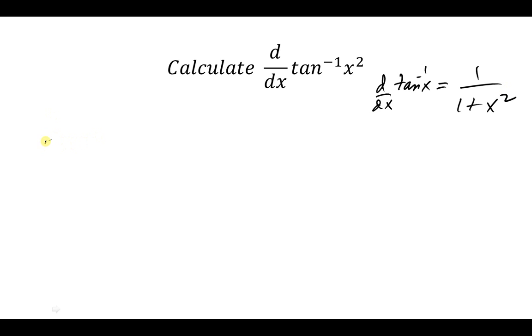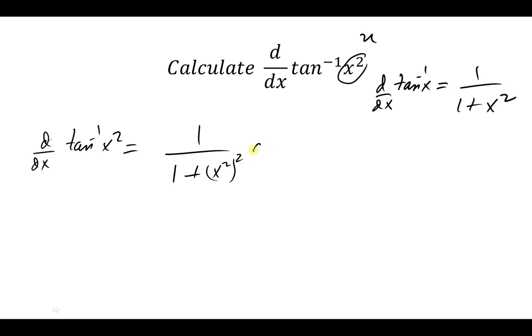So d/dx of inverse tangent of x squared is going to be 1 over 1 plus, of course our u in this case is x squared, so this is going to be x squared squared, times d/dx, using the chain rule, of our u, which is x squared, and this simply becomes 2x over 1 plus x to the fourth. And that's our video on the derivative of inverse trig functions.